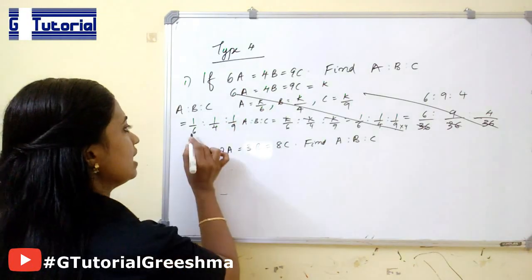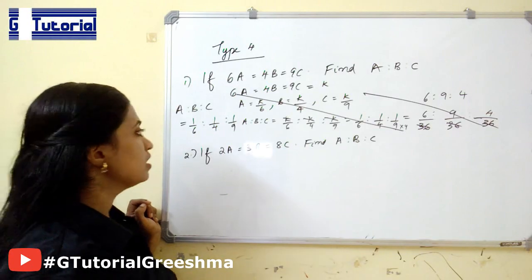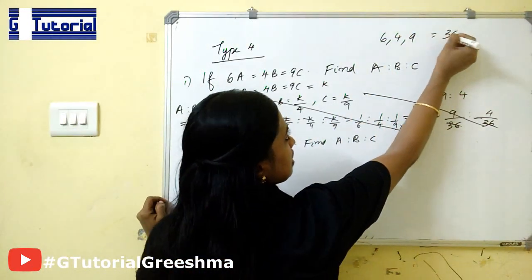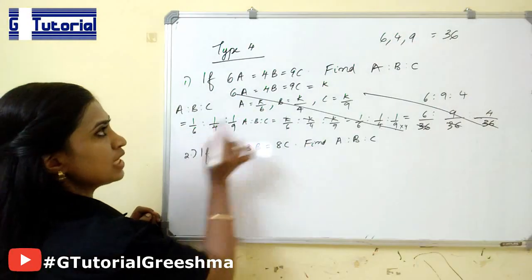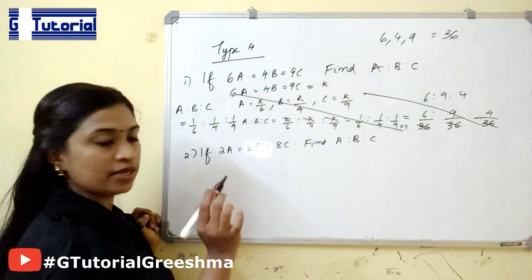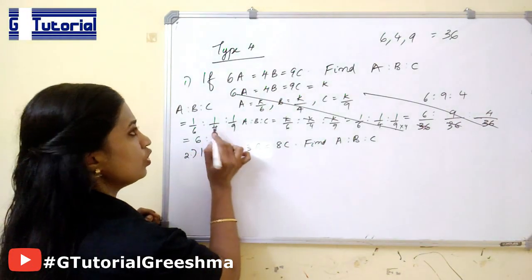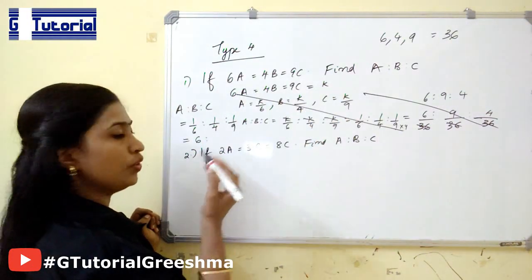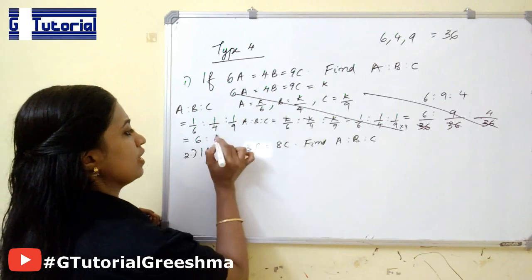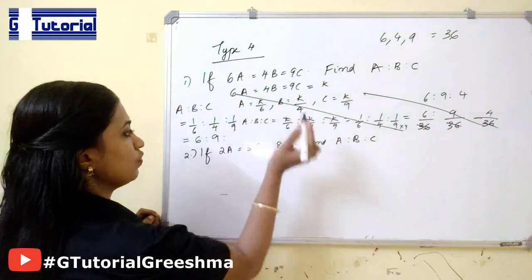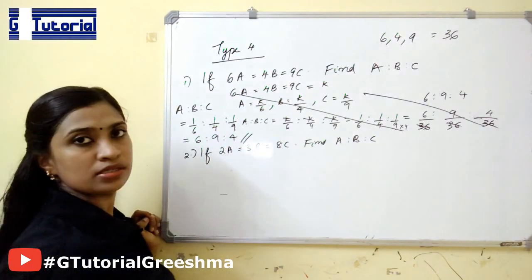Then take the LCM of the denominators 6, 4 and 9. LCM is 36. What into 6 gives 36? 6. So multiply the numerator also by 6. 4 into what is 36? 4 into 9, so 1 into 9. 9 into what is 36? 9 into 4, so 1 into 4. This is the required answer.